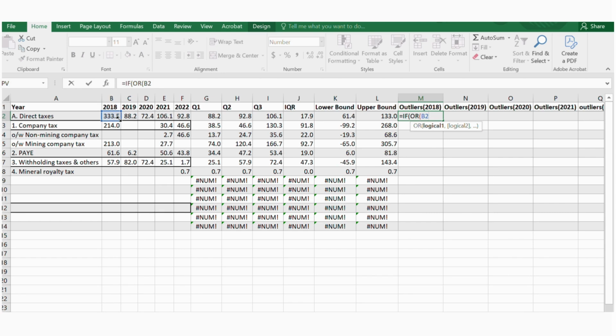We're saying if B2 is less than our lower bound, which is cell K2, and always look at your lower bound and upper bound when dealing with outliers. So if B2 is less than our lower bound, which is K2, it's going to be equal to that.